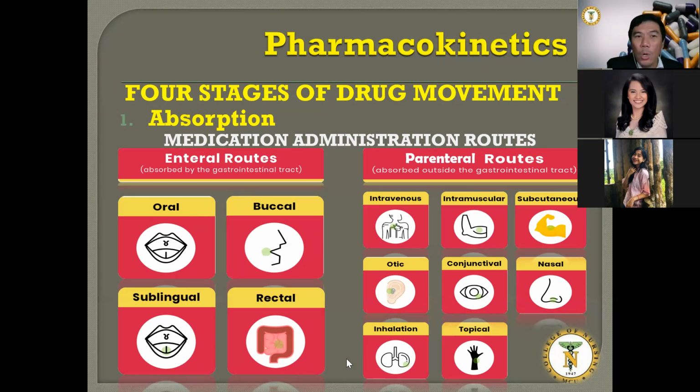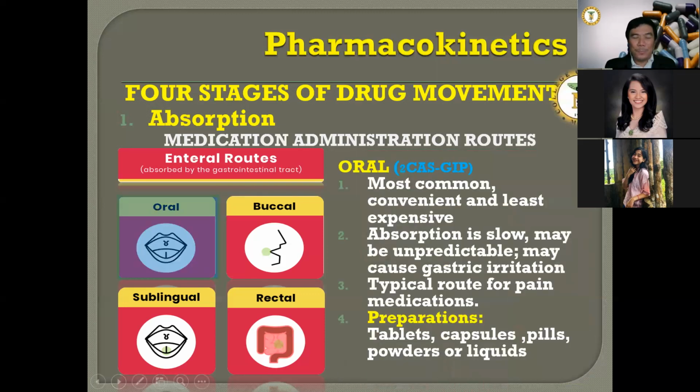Let us have a review of what are enteral routes and parenteral routes. Let us start with oral. What you're seeing on the slide is just a mnemonic for you to remember whenever we're talking about oral routes.